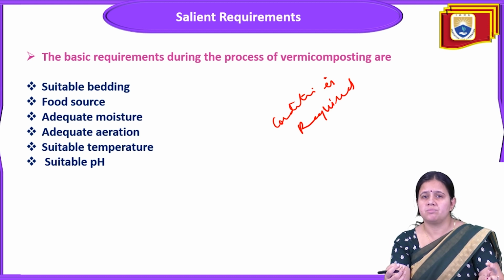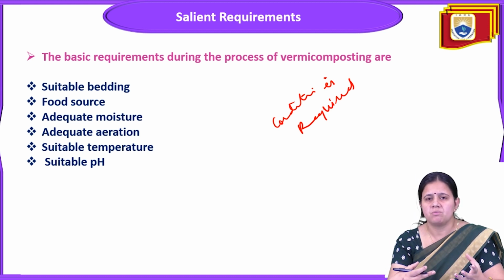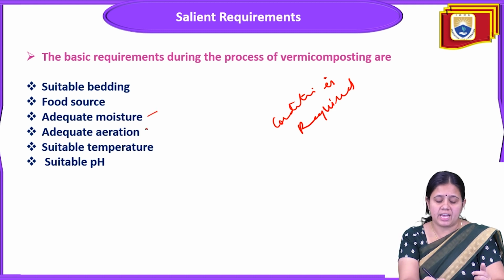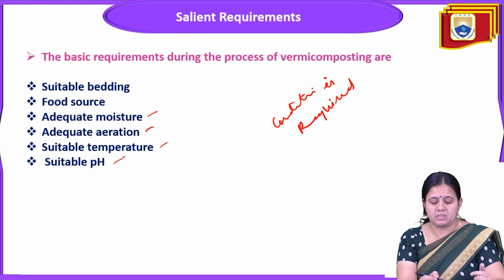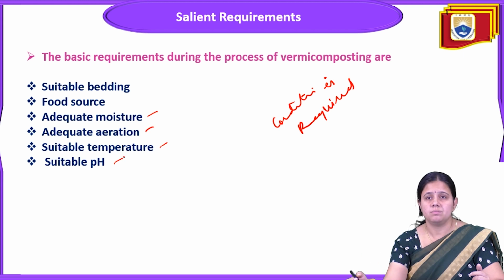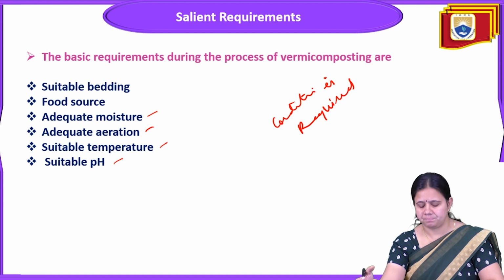A good food source should be provided so that the earthworms can work better. Adequate moisture, adequate aeration, suitable temperature and suitable pH. These six conditions are required for the vermicomposting process: suitable bedding, a good food source, adequate moisture, adequate aeration, suitable temperature and a good pH condition.